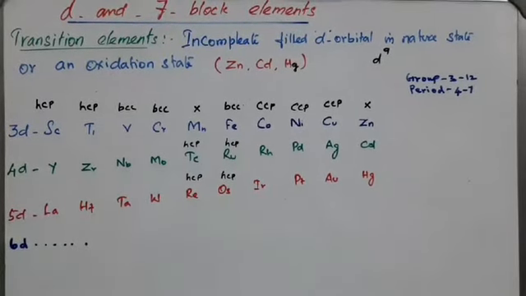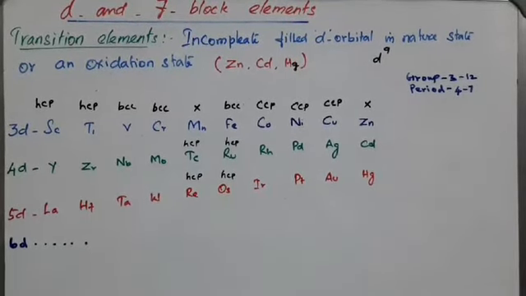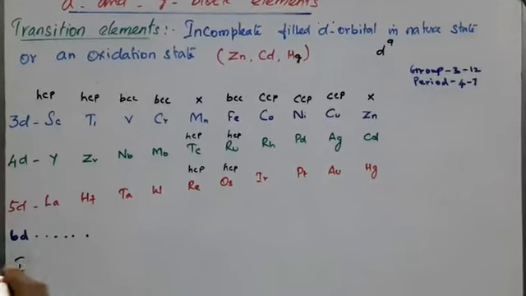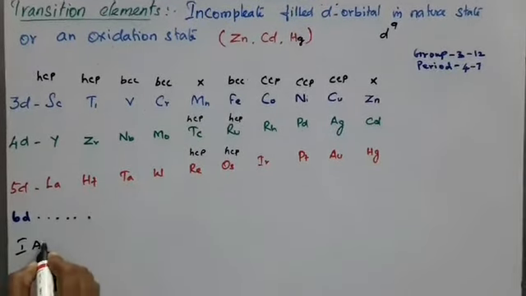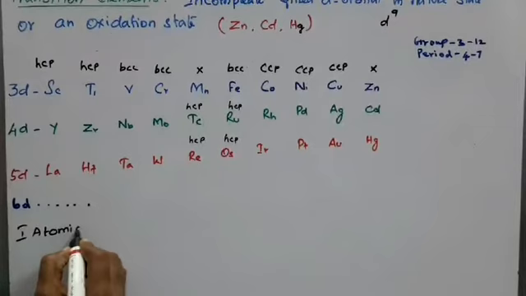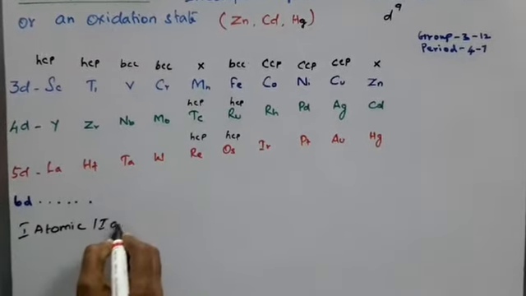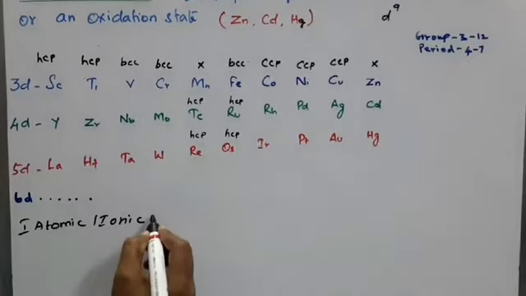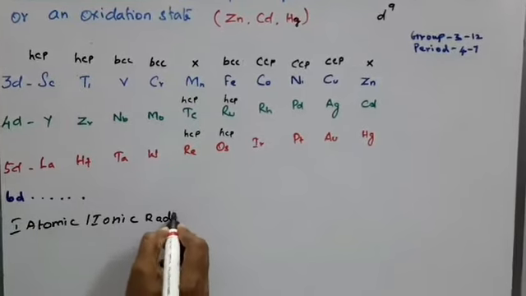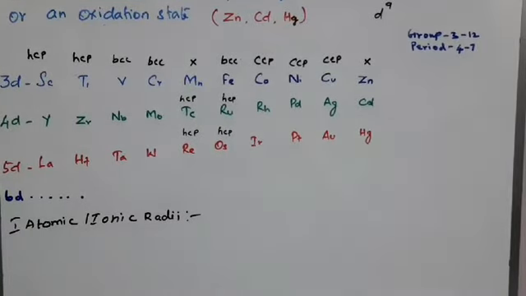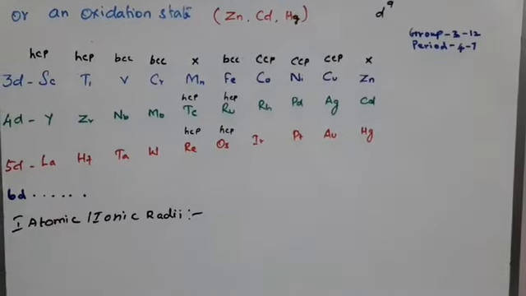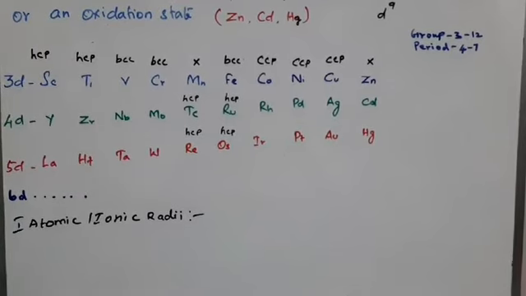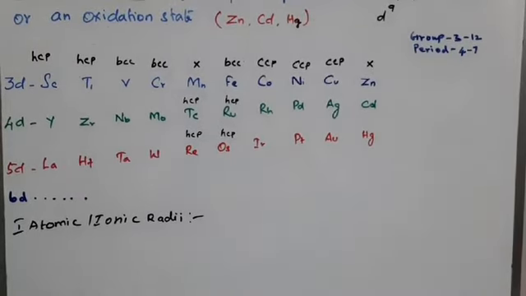General trends, first the atomic and ionic radii. Listen. Earlier we studied trends along the period and down the group.